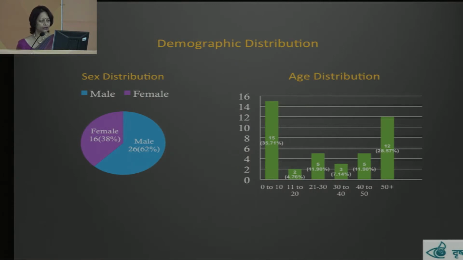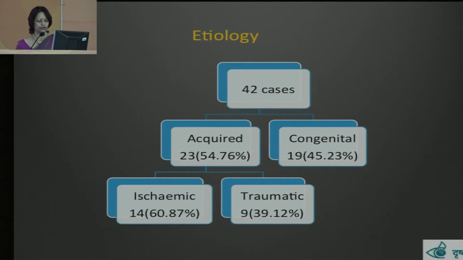Now the results of the study: there were about 40% females and 60% males. When we looked at age, the maximum cases were in 0 to 10 years, and a second peak was in 50 plus because they were the acquired cases. Etiologically, of the 42 cases, about 55% were acquired and 45% were congenital.